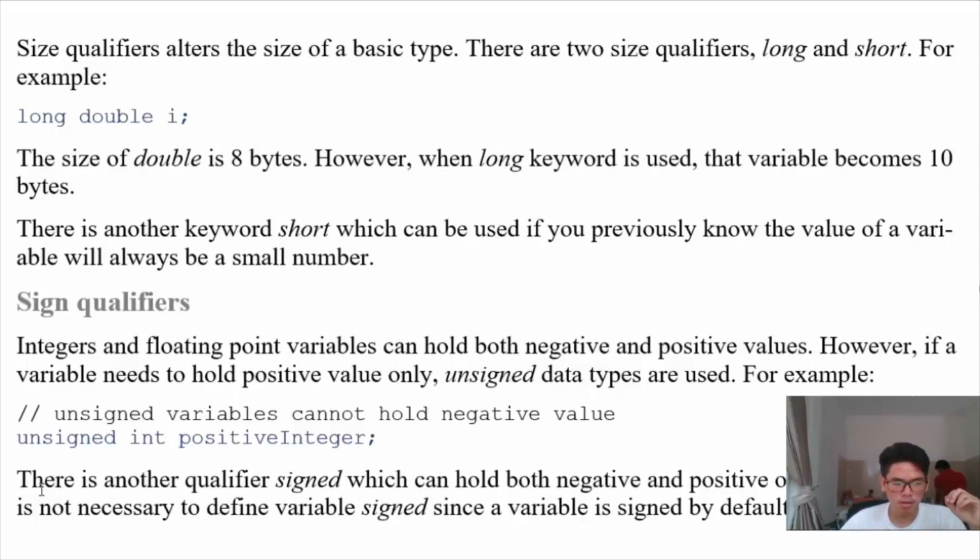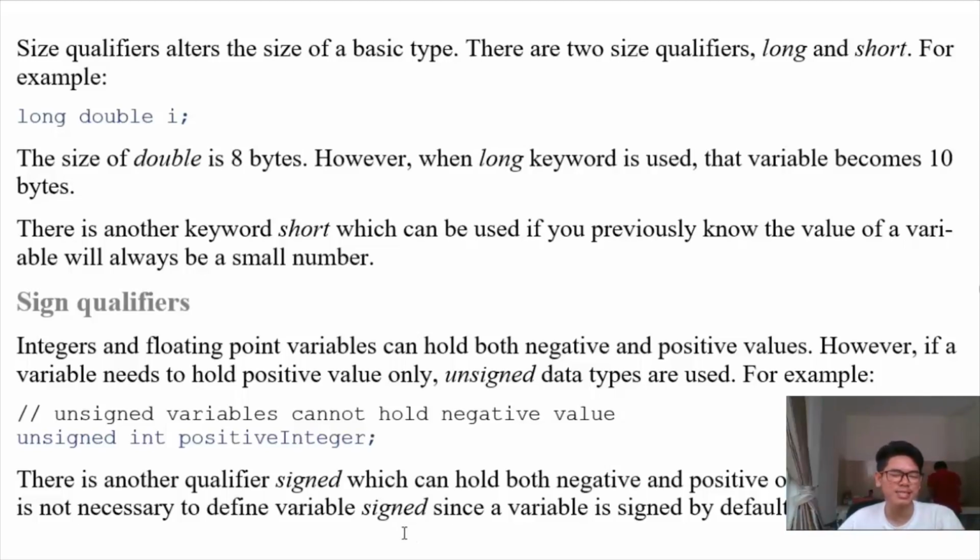There is another qualifier, signed, which can hold both negative and positive values. However, it is not necessary to define a variable as signed, since by default a variable can store either positive or negative, so you don't have to use signed. But if you want, you can still use it.